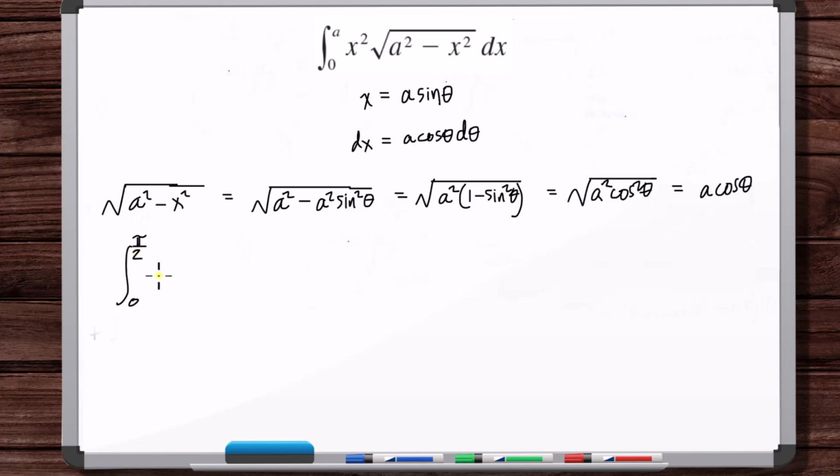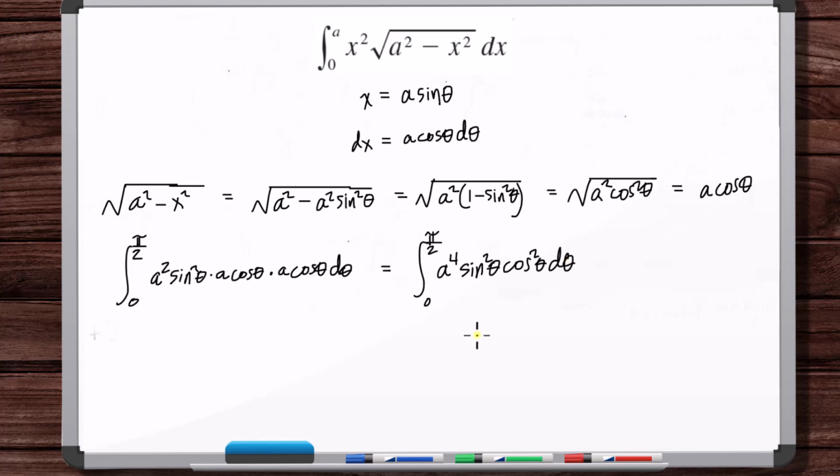Okay, x squared is a squared sine squared theta. And then square root of a squared minus x squared is a cosine theta. And then dx is a cosine theta d theta. All right, so a to the fourth sine squared theta cosine squared theta d theta.